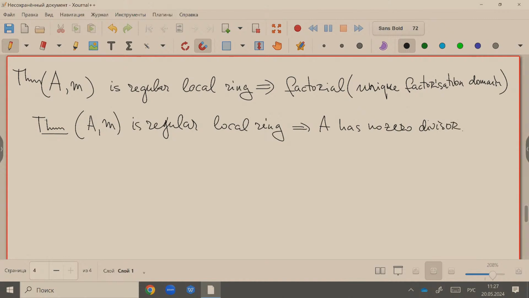Which is completely, so even this is not evident.